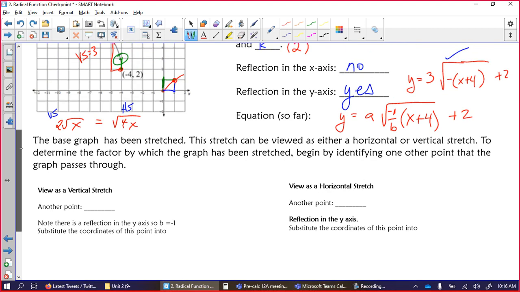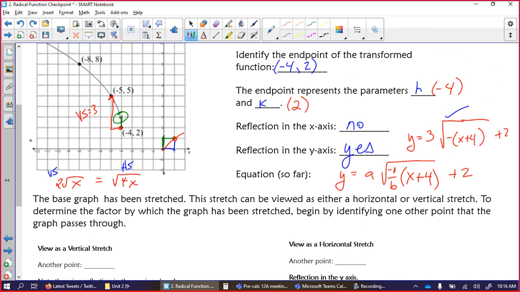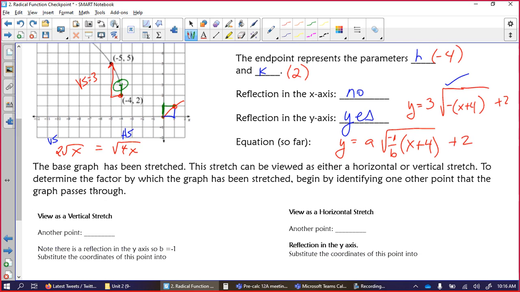So another point. Technically, with any math thing, when you're doing any equation, this is kind of what we have right now. Can I put an x and a y in and solve for something? Well, any x and y. If it's a vertical stretch, let's use blue for vertical. Well, another point is negative 5 and 5.